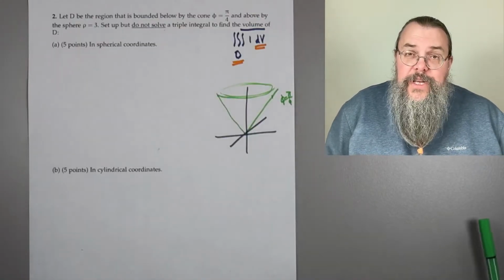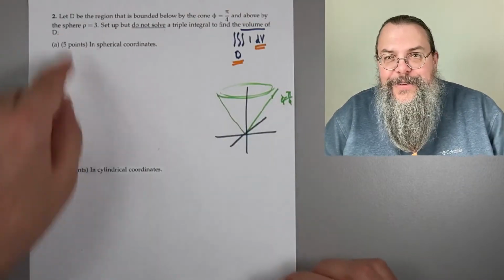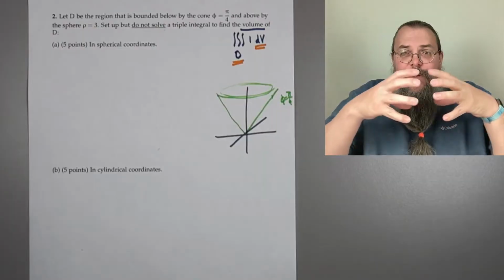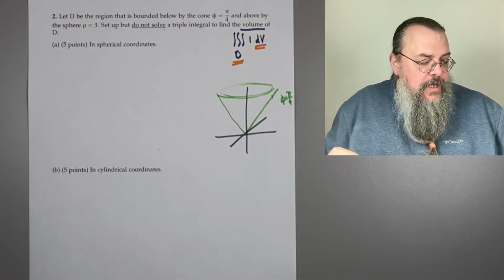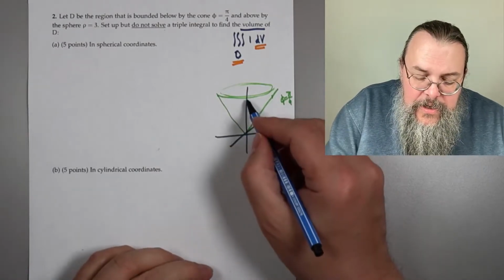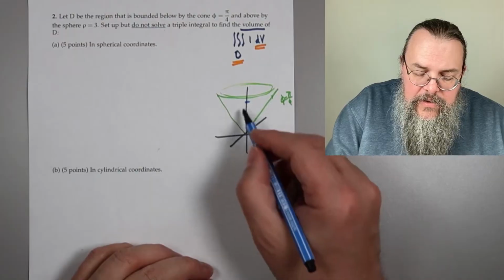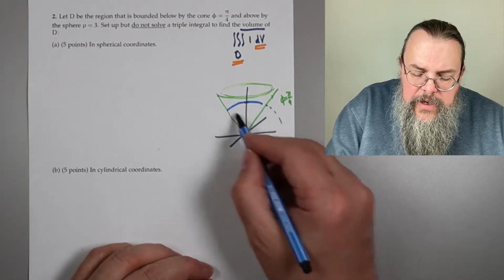Rho equals 3 says it's a sphere. Spoiler alert, they tell us it's a sphere of radius 3. So we're going out to a distance of 3. Let's say that's distance 3, and we have our sphere going off.